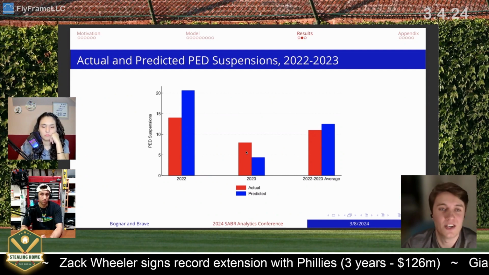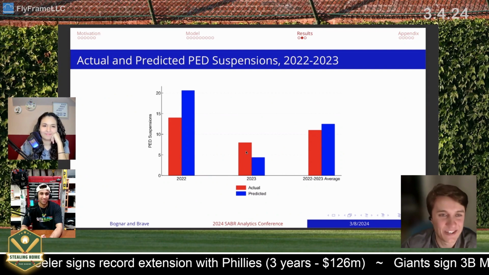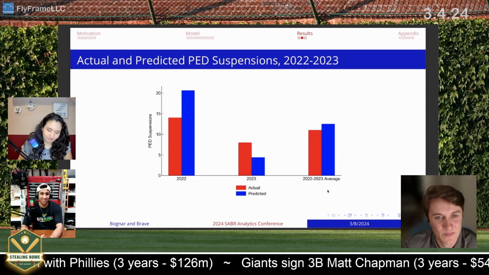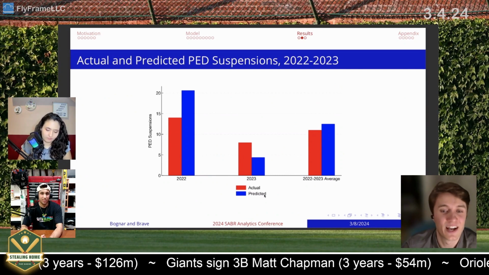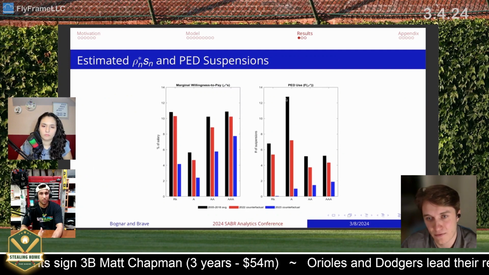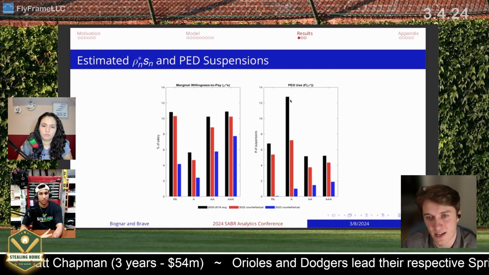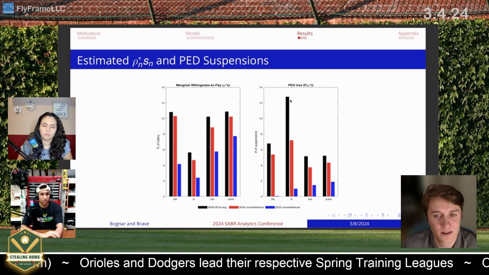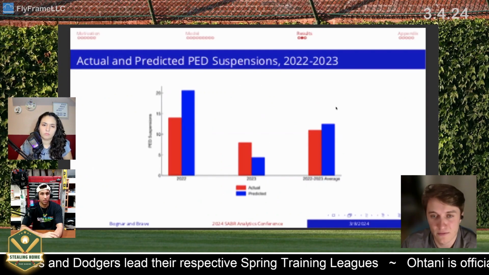But with any good econ model, if you can get the average over a period of time, that's pretty damn good. And we're pretty damn happy with this, especially considering how drastic these reductions are compared to the 2015 baseline. I think that really needs to be said. There were still quite a large number of PED suspensions in 2015.